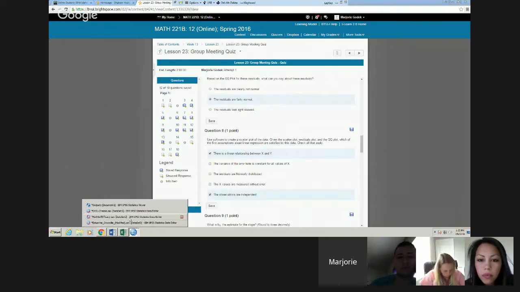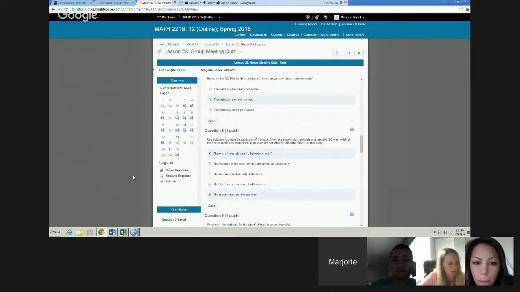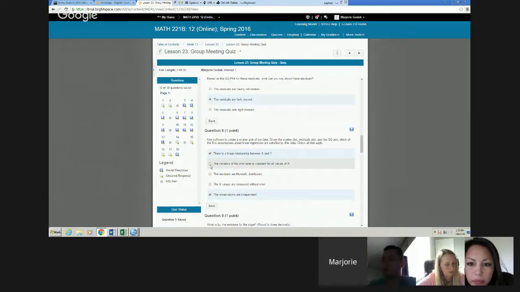Maybe they have to be all checked because there are 5 requirements for a linear regression model. The error term, that's not even on here. The variance of error term is constant for all values of x. That one is right. So click on that one.